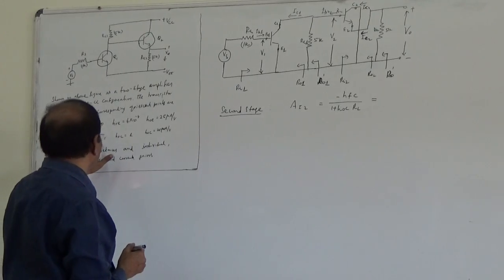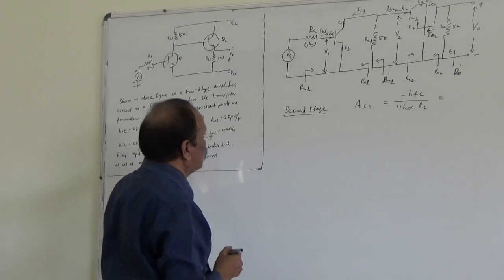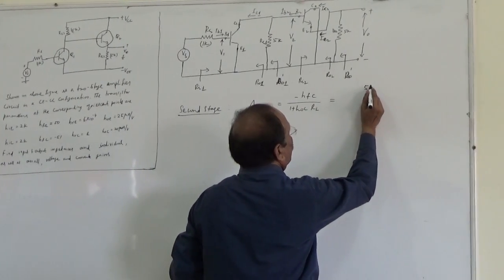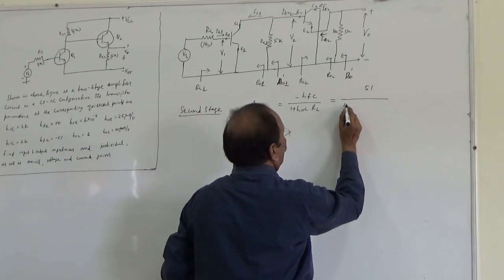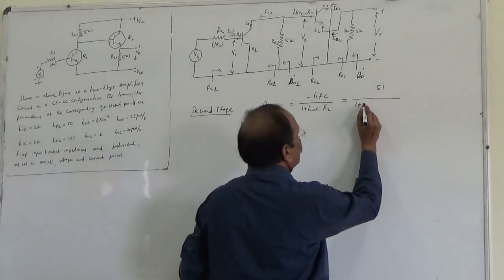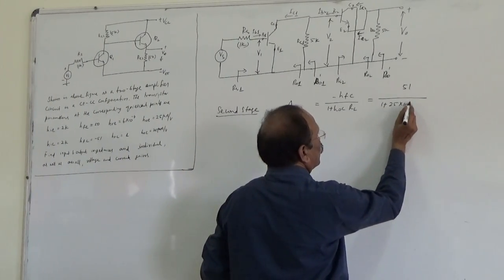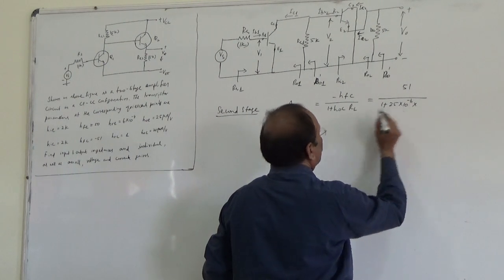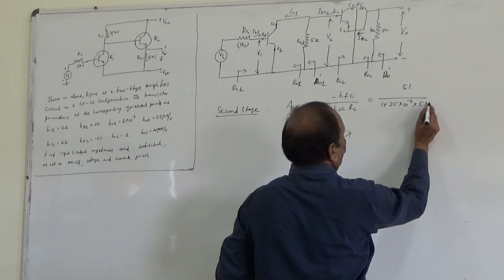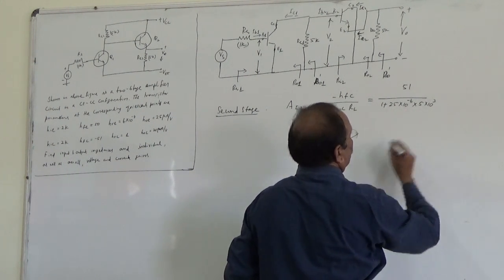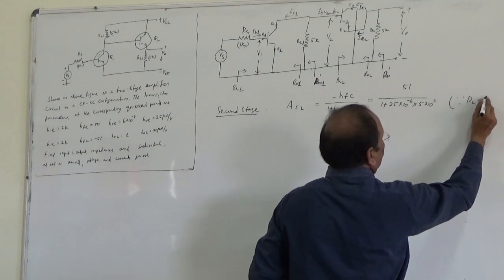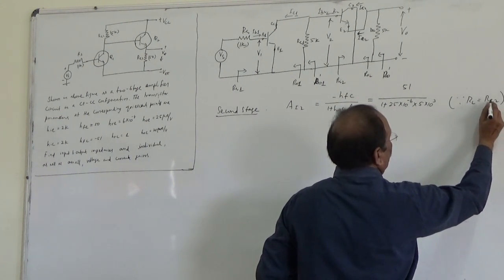Now we can substitute the values. HFC value is given as 51, already with the minus sign, so we get 51 divided by 1 plus HOC, which is 25 microampere per volt, that is 25 into 10 power minus 6, into RL, 5K, that is 5 into 10 power 3, because RL is equal to RE2.